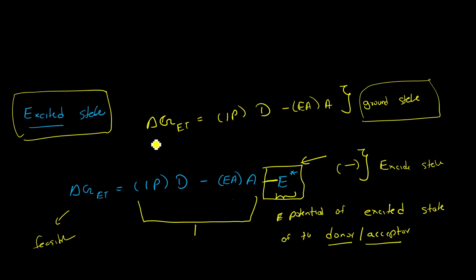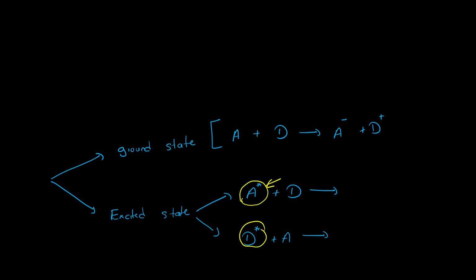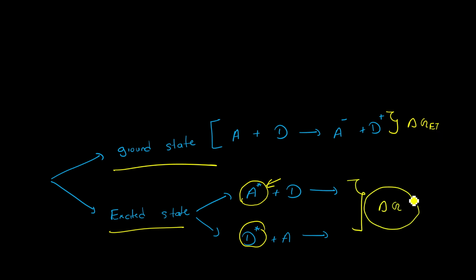So it's not a huge complex thing, but what you need to understand is the key difference between ground state electron transfer and excited state electron transfer. This is the key difference. And when it comes to the delta G values, this is much more negative because of this additional term representing the excited state.